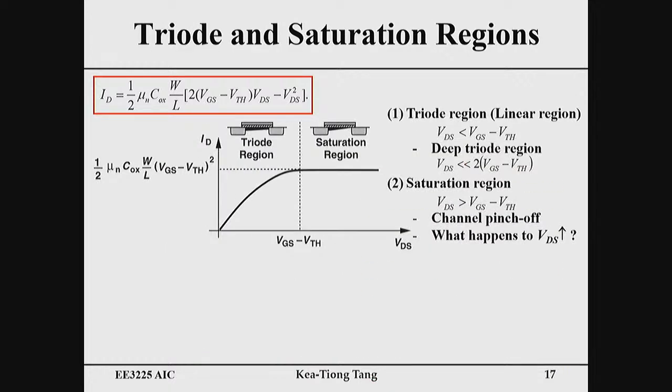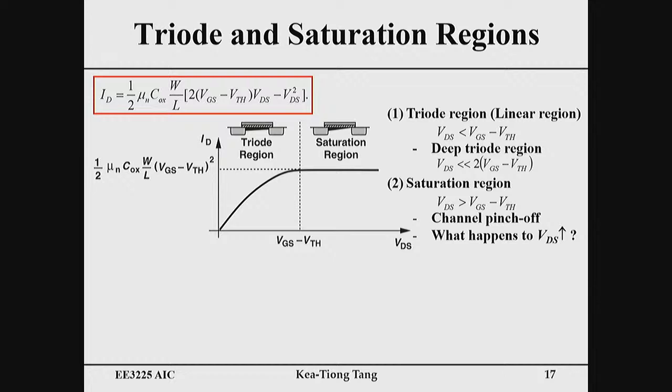So then we see the transistor, if we plot this plot, the x-axis is the VDS, the y-axis is the drain current.